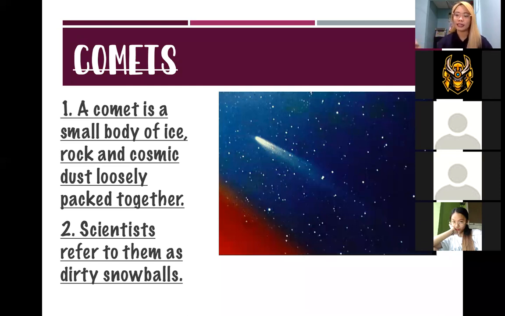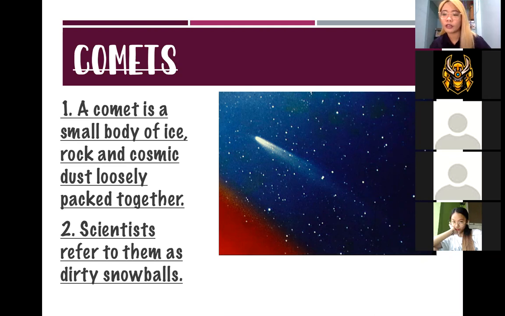But once it gets nearer the sun, that's when it starts to develop the tail, because the tail is the comet's ice slowly melting as it gets nearer and nearer the sun. So yung tail kasi na to, ito yung distinguishing characteristic niya. We know that we are seeing a comet kasi meron siya laging tail. And the tail is not always present. It is only present when the comet is near the sun and its ice is melting.